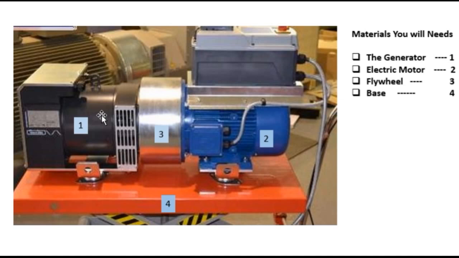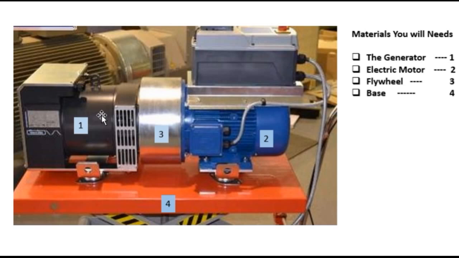Many a time people have issues of overload because the generator capacity is less than the load they have. If I have an AC, a refrigerator, and other electrical appliances, and I have a 5000 watts generator, I must make sure that those loads are not more than what the generator can carry.